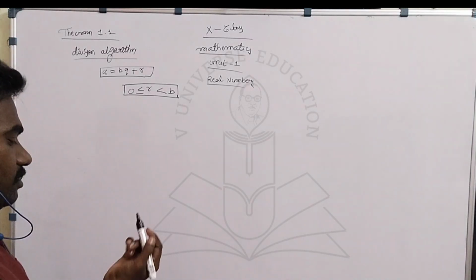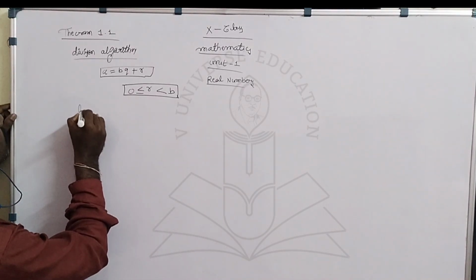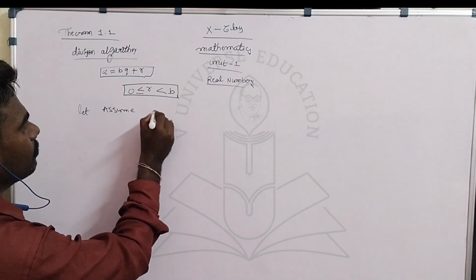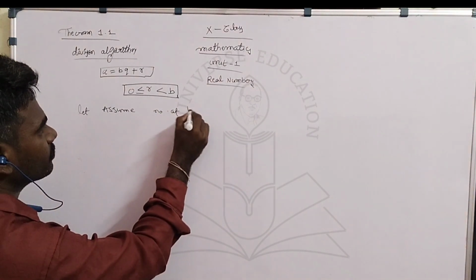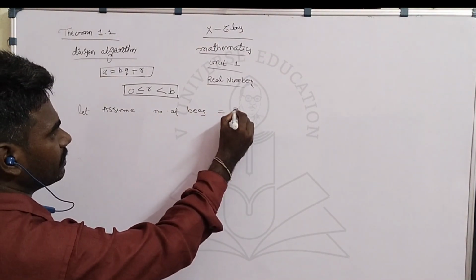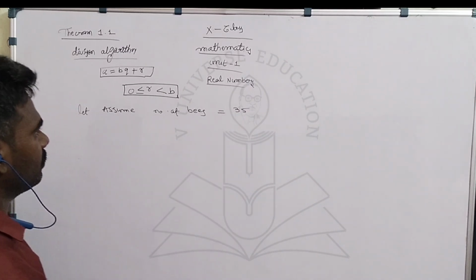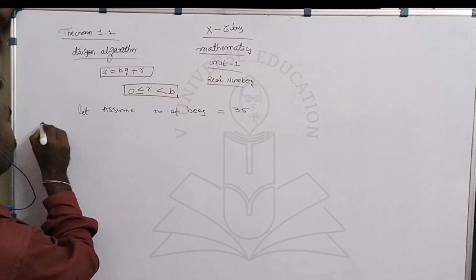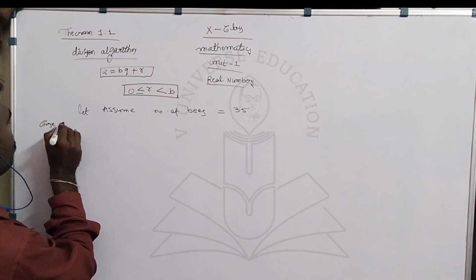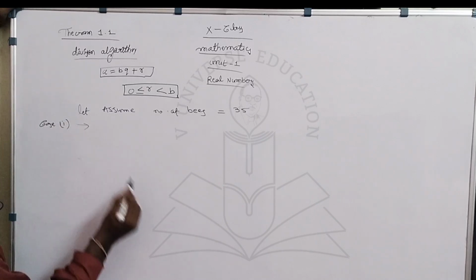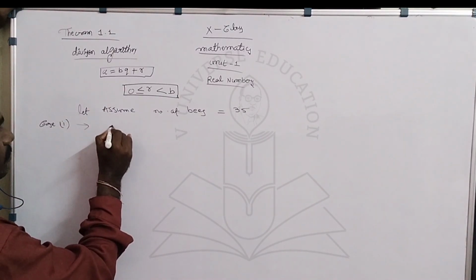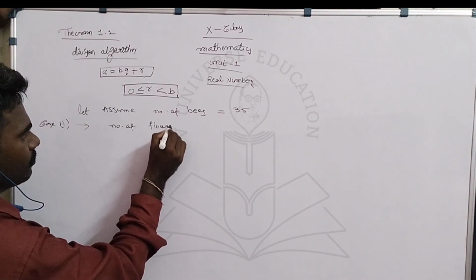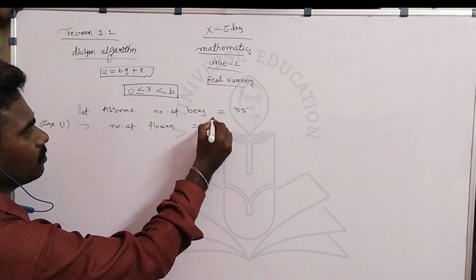So first let us assume the total number of bees is equal to 35. There are 35 bees. In the first case, case 1, he has given that the number of flowers is equal to 2.